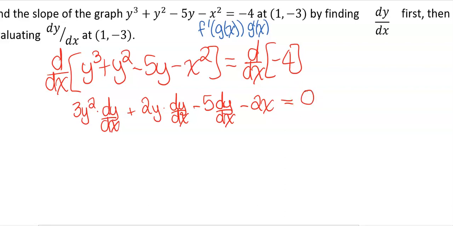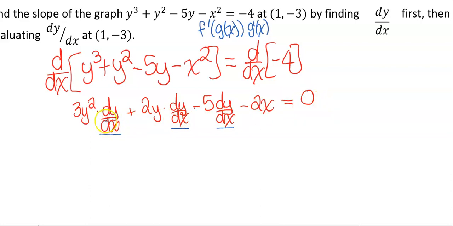We want to rearrange by finding dy/dx first. So let's rearrange or gather our like terms here. Notice that we have a dy/dx here, here, and here. So I'm going to move this to the other side. And I'm going to do some algebra here because the calculus is done.